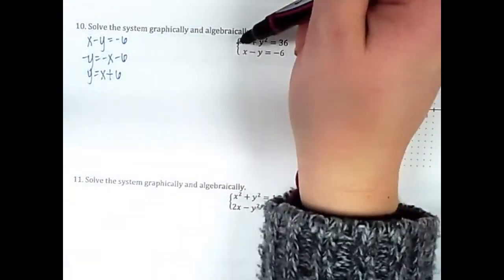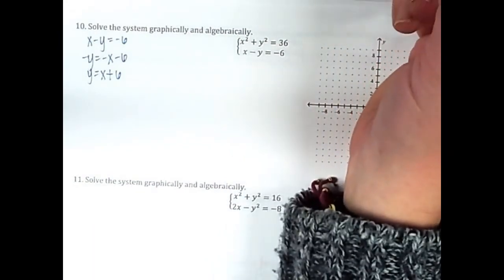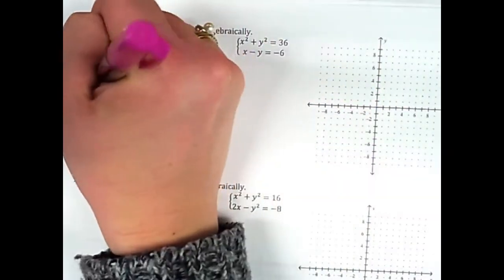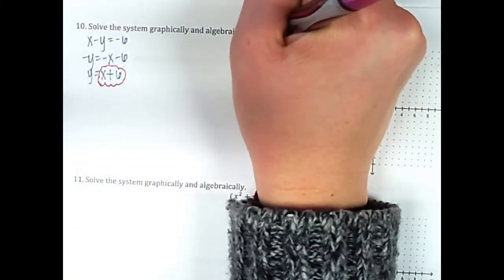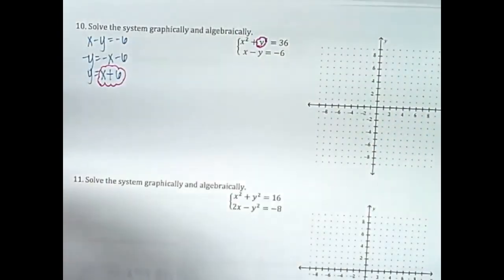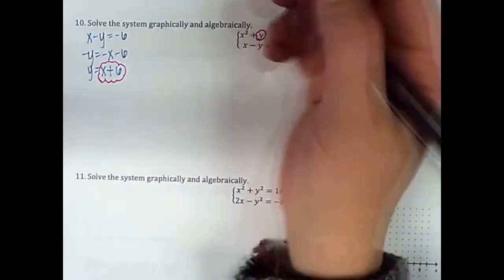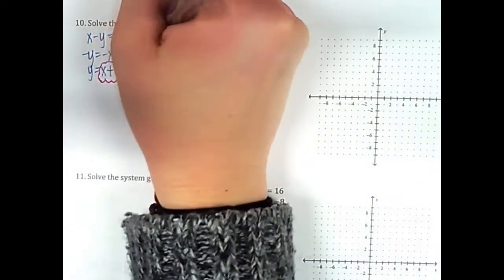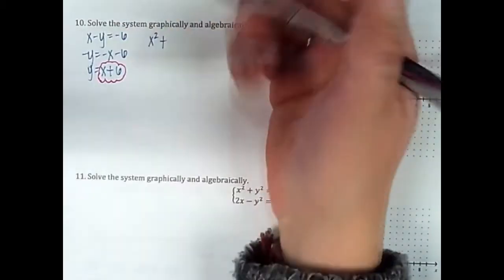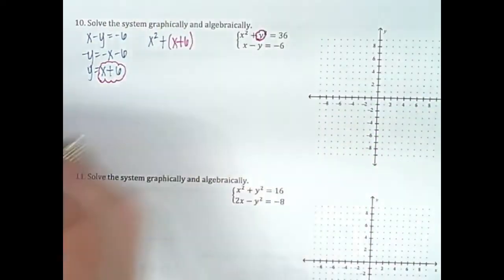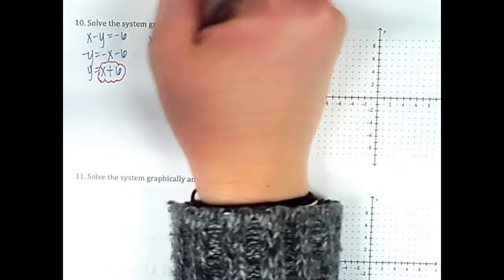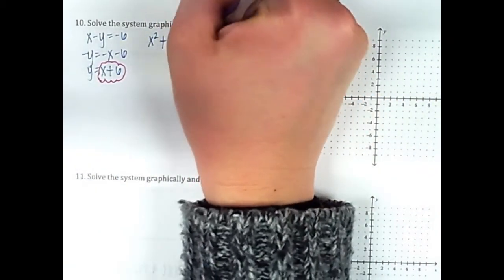Okay, so into my equation, my top one, x squared plus y squared equals 36, I am going to plug in x plus 6 wherever there is a y. So x squared stays the same, plus, but instead of y, it's going to be x plus 6, and then the squared stays the same, and the 36 stays the same.